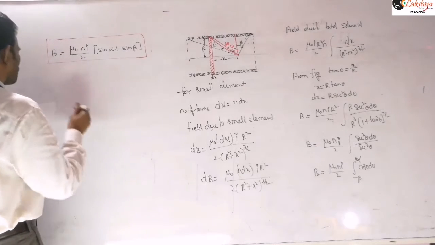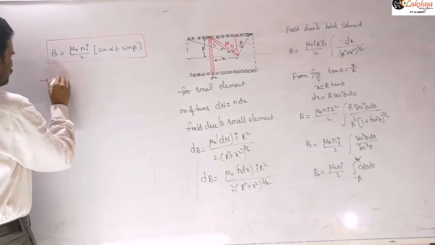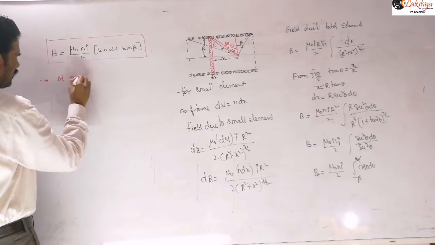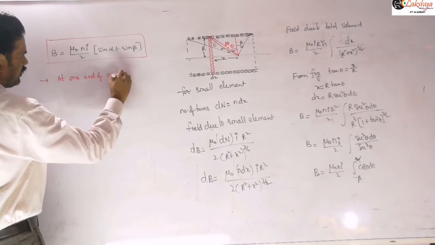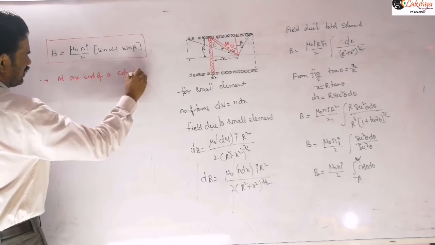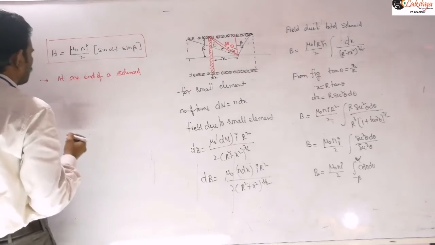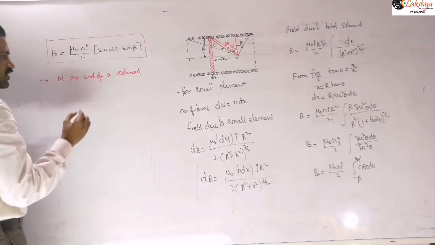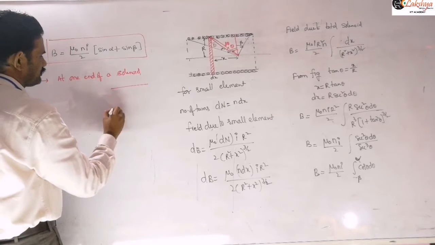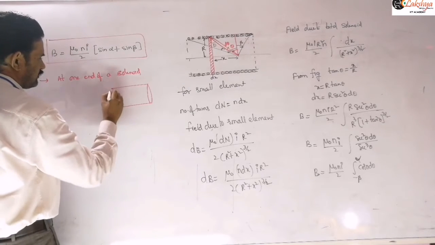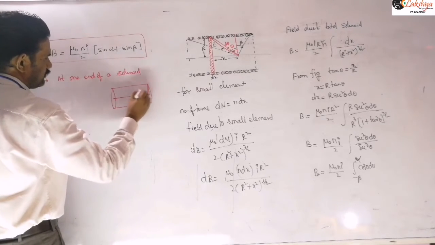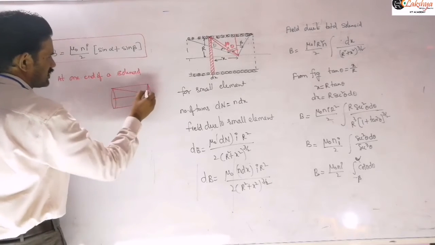Suppose I am taking the first case as at one end of a solenoid. Suppose you are taking the point here, at one end, then you will get it like this.